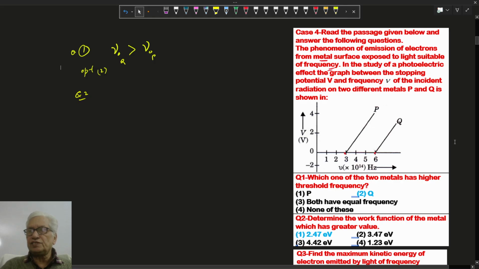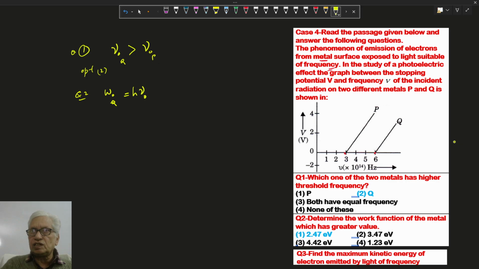Determining the work function of this material: for Q it is equal to h nu naught. H is the Planck constant, 6.62 into 10 to the power minus 34, into frequency 6 into 10 to the power 14 here. If we solve it, the result is in joules.